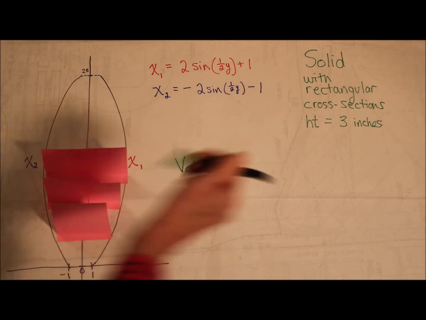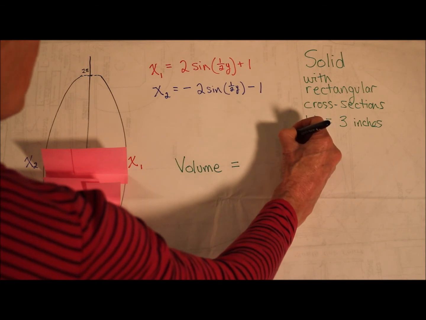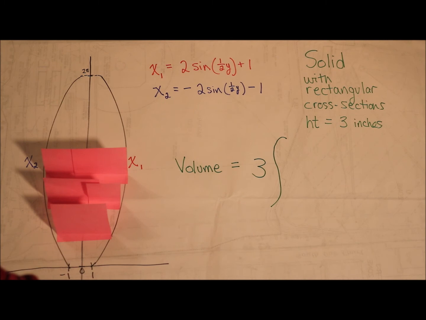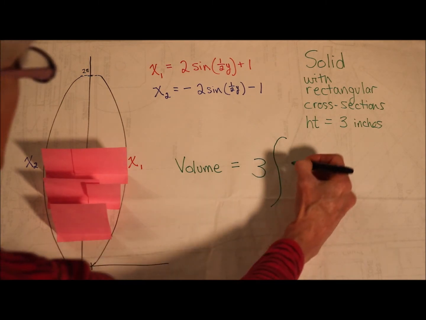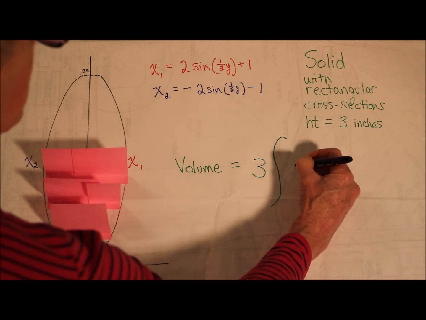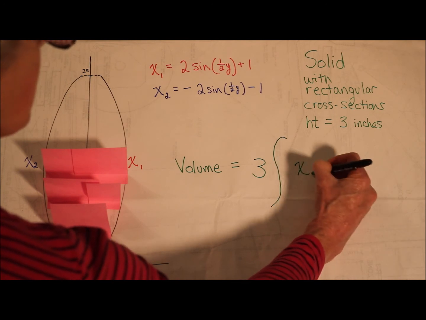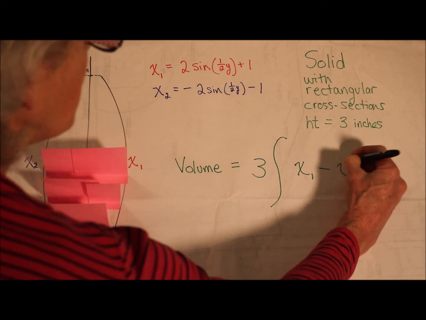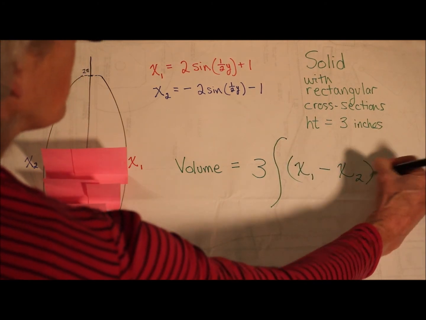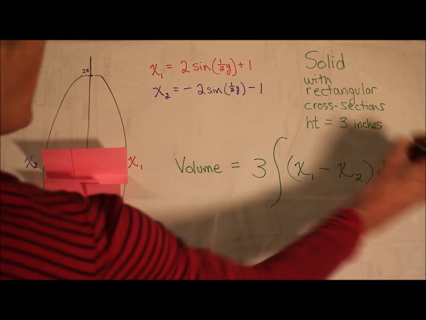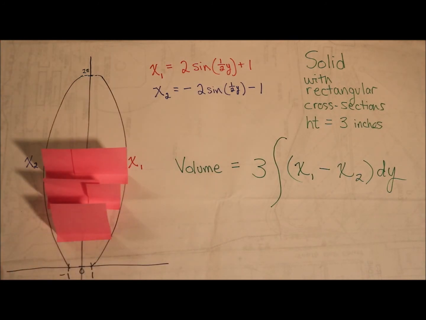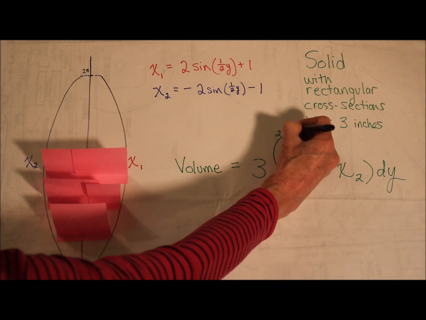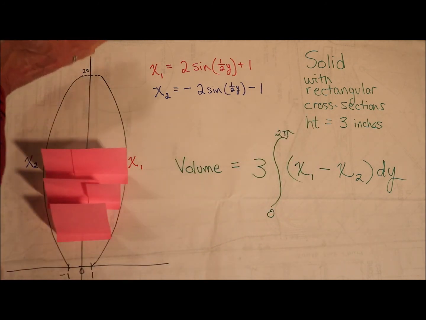All right, so the area is going to be the height, and I'm going to put the height out here since it's a constant, times the base, and the base is my right curve, so I'm just going to call that x1 minus my left curve, which is x2, and I'm integrating with respect to y. Alrighty? And I'm doing this from 0 to 2 pi, from my smallest y value to the biggest y value.